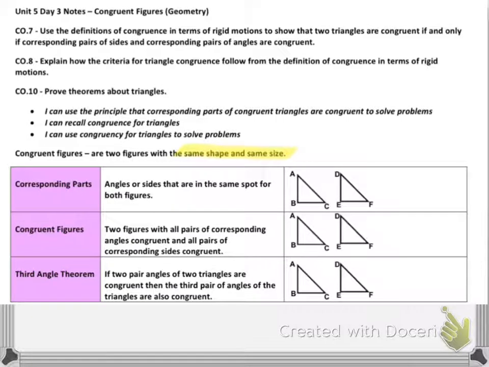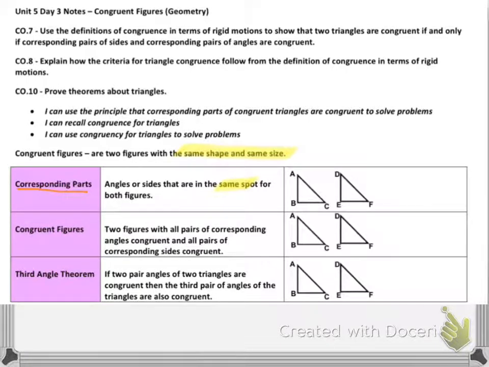So, corresponding parts. When we're comparing two different triangles and talking about corresponding parts, the biggest thing to remember is that they are going to be in the same spot.